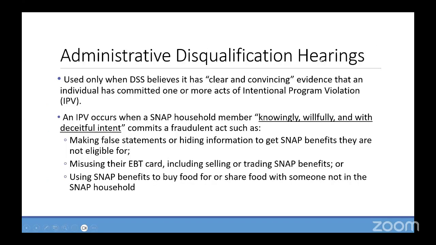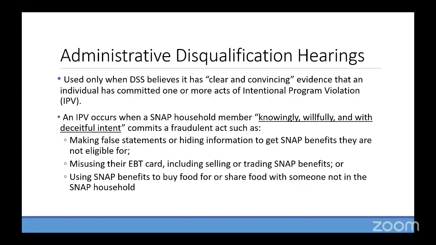Now, these administrative disqualification hearings are different. They're generally more serious. They're used only when DSS believes that it has clear and convincing evidence that someone has committed an intentional program violation, or an IPV.